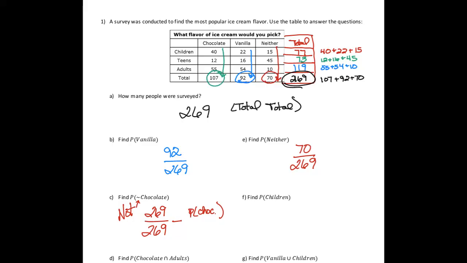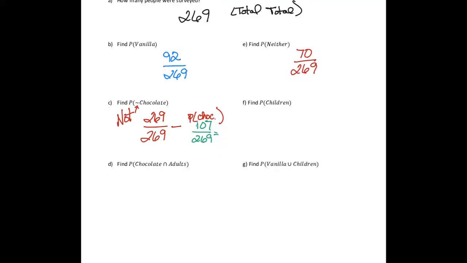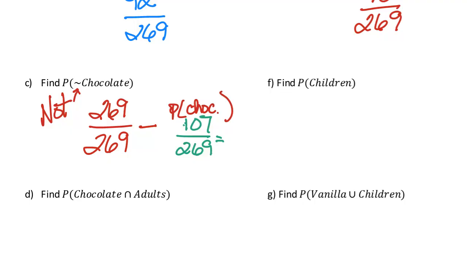It is 107. So 269 minus 107 over 269. So 269 minus 107, let's see, that's going to be a 2, a 6, and a 1. And it's all over 269 because we know when we add and subtract fractions, you keep the same denominator. So this is your answer.